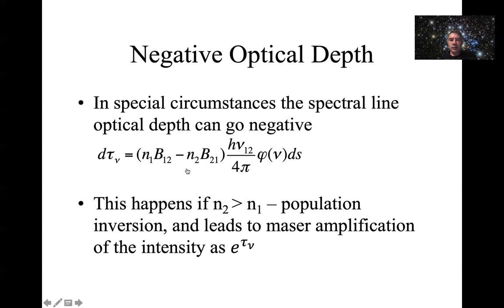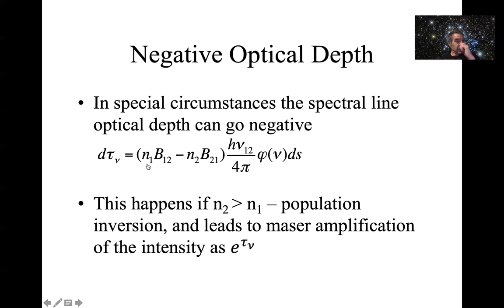So that doesn't normally happen, because as I mentioned before, in normal sort of thermal equilibrium situations, where the population distribution in an atom or a molecule is just determined by the temperature, then normally N2 is significantly less than N1.